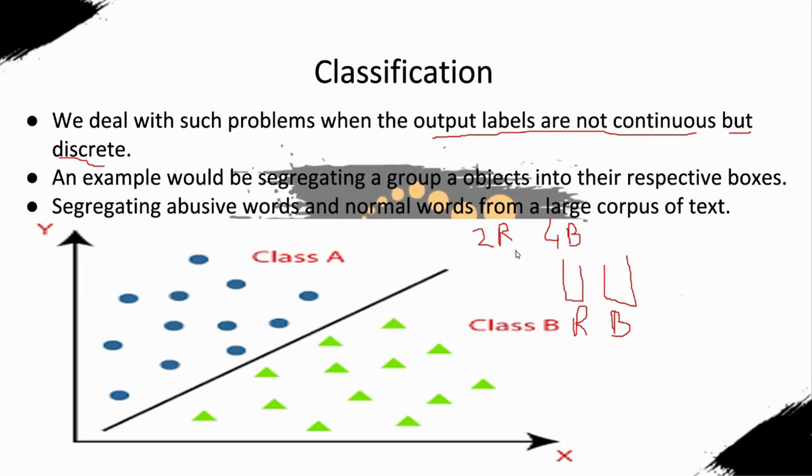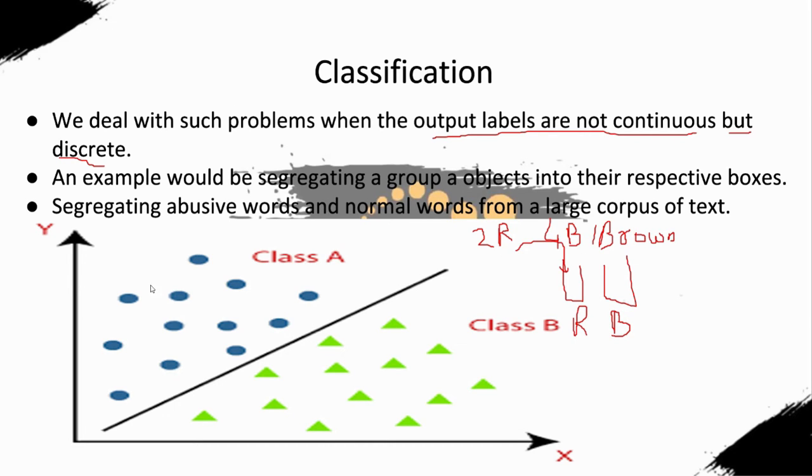You place these balls and segregate these objects into their respective boxes. But there is no separate box for, say, one brown ball. I cannot put this brown ball in either red or blue or somewhere in between them. These are discrete, individual containers, right?